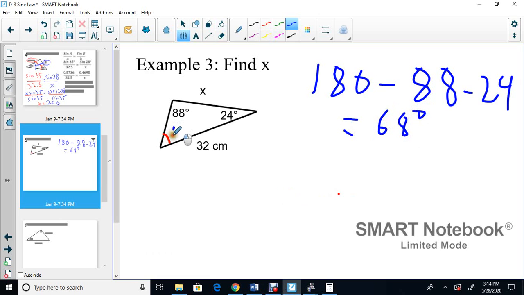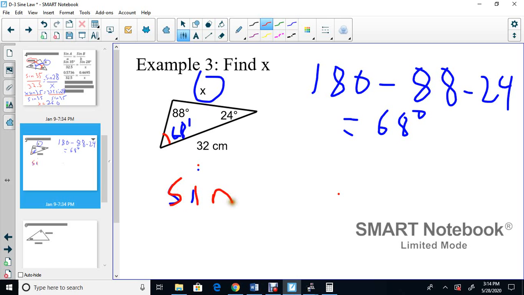So now we have this angle, 68 degrees, and the side across from it is x. So in this particular case, let's go sine of 88. I'll use a different color here.